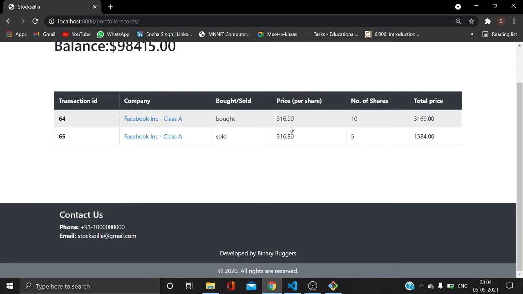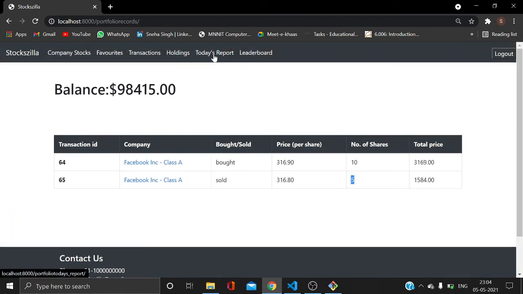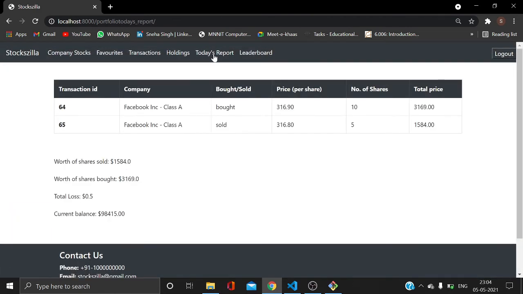So we have bought 10 stocks of Facebook and then we have sold 5 stocks of Facebook. In the today's report section, we can view the report of each and every day. So I can see that today, whatever transactions I have done and what was the worth of all the shares sold, or whatever was the total loss or profit in the current balance.